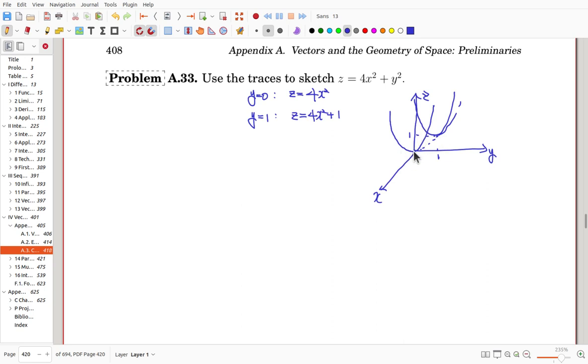If you collect these traces in the positive y direction and negative y direction, then again it comes up that way. So eventually the collection of all these traces will make a paraboloid.